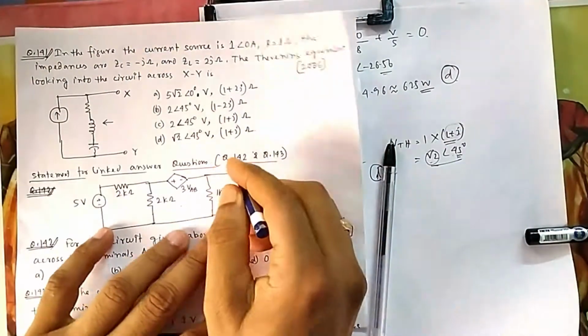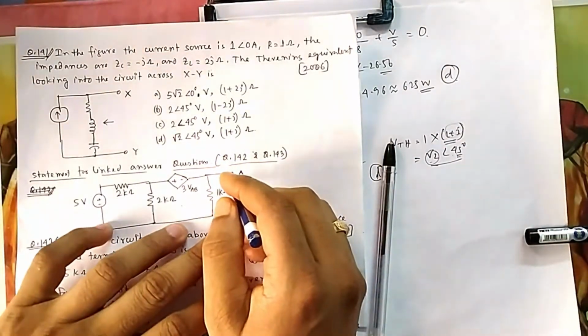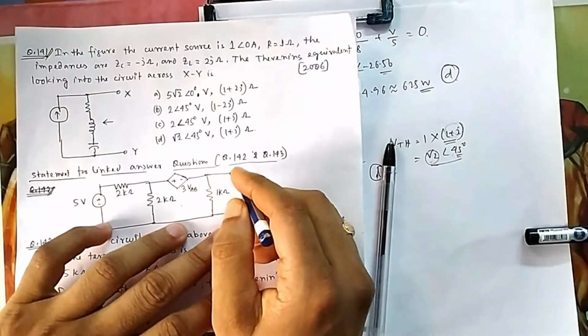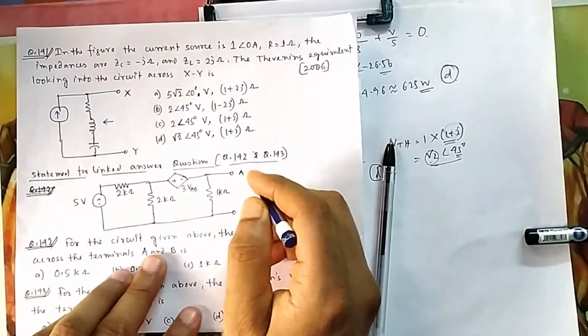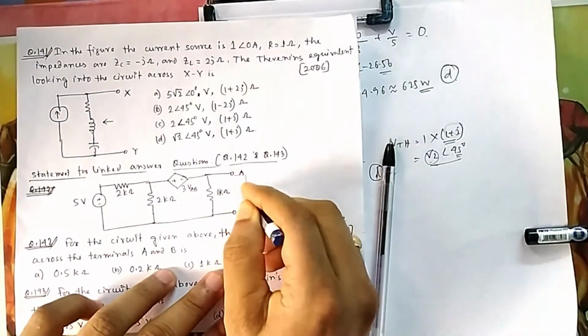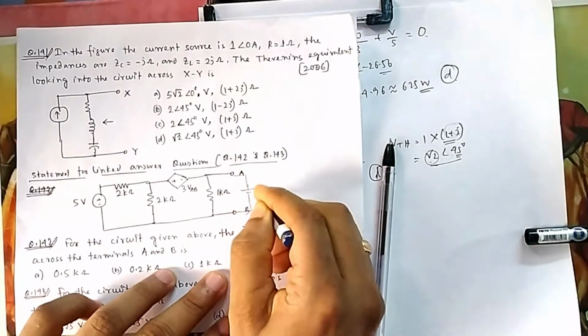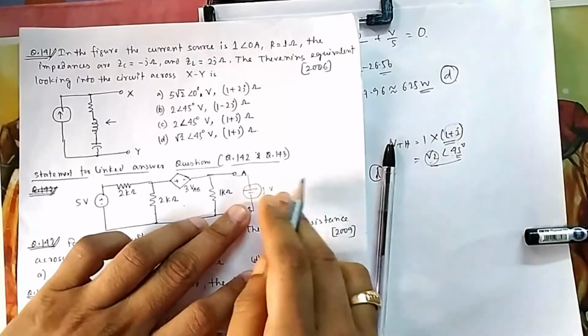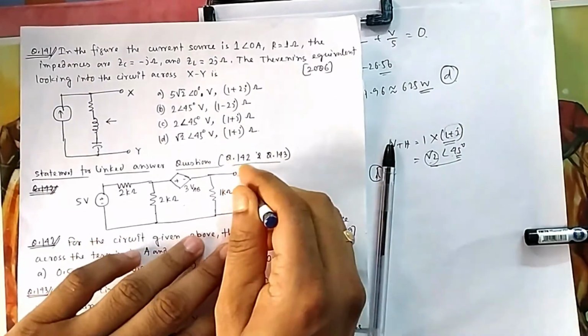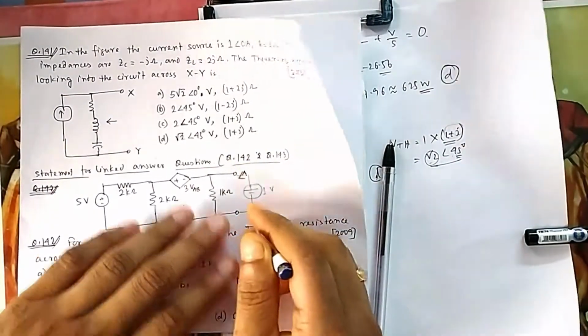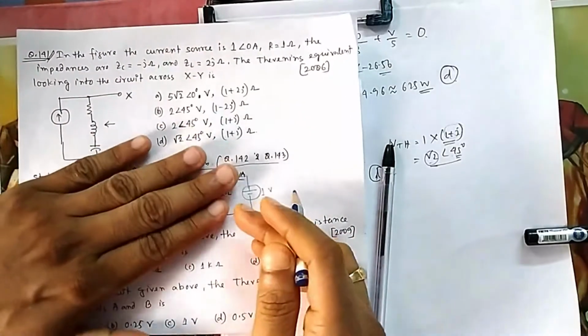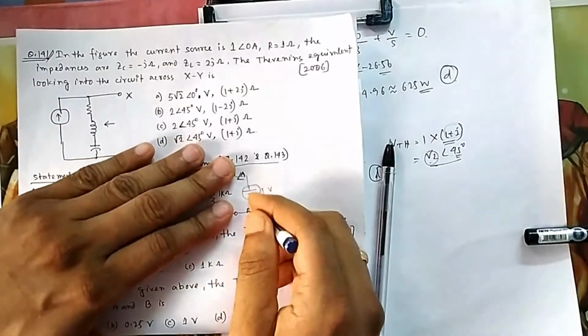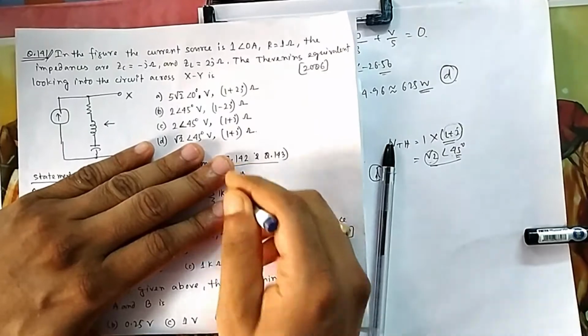So for this type of questions, to know what will be my Thevenin's voltage and what will be my Thevenin's resistance, we insert a voltage source or current source of 1 volt, whatever. A separate, independent voltage source I am giving, and I see how much current it is drawing. Forget about this side, whatever is there. You have a plug point, suppose you put a 1 volt source and see how much current it is taking.